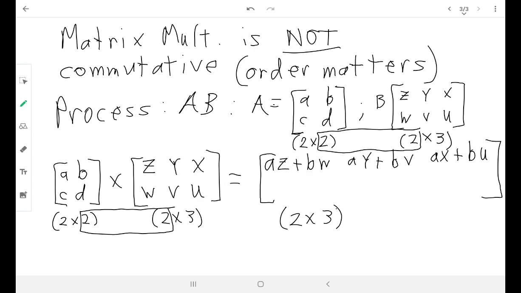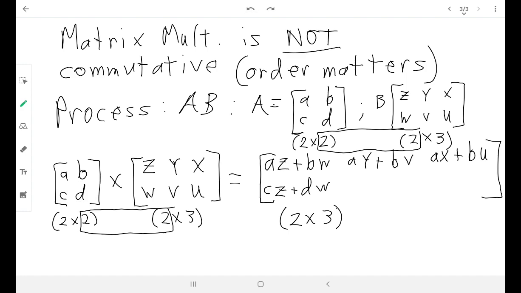And it's going to be the same now when we go to the second row. When we go to the second row, we're going to use the second row, first column, for element 2, 1. So it'd be C times Z plus D times W. So second row, first column.